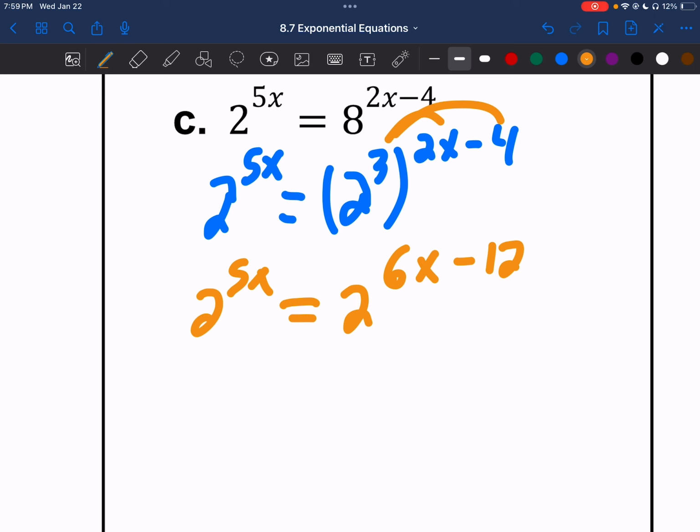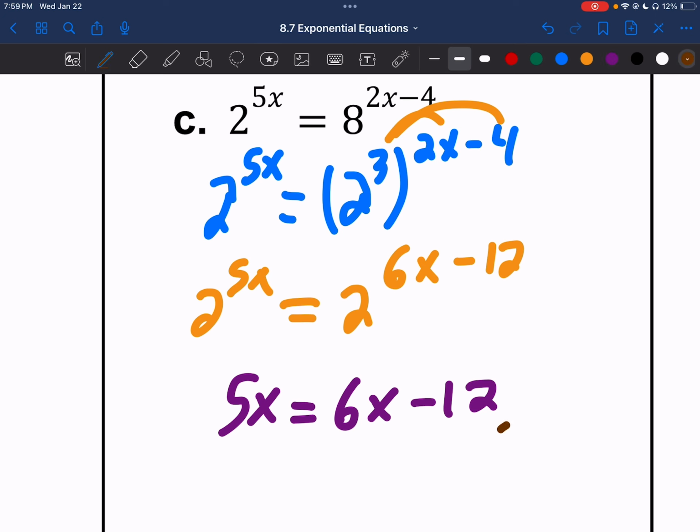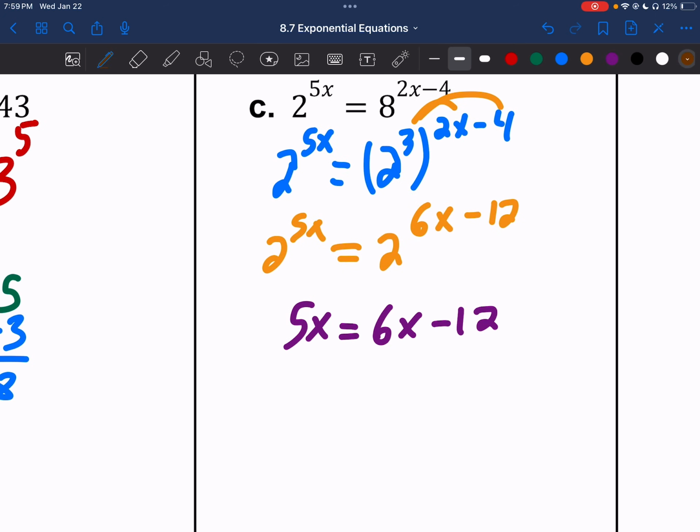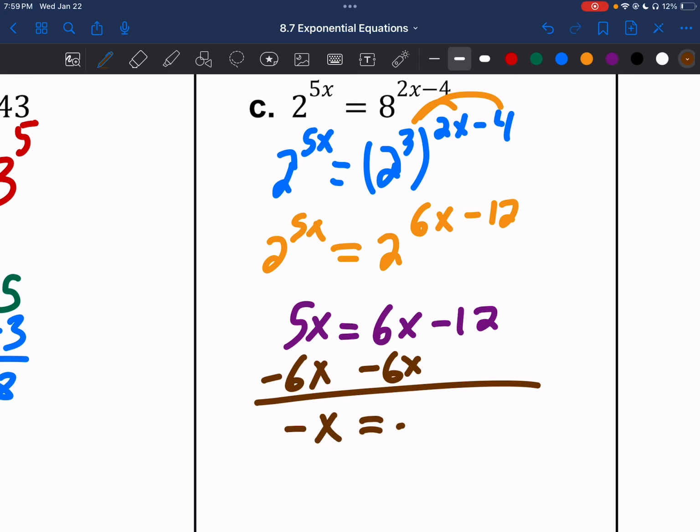Now, can I go back and I can do 5x equals 6x minus 12. So I subtract 6x from both sides. I get negative x equals negative 12, and I divide by negative 1. x is equal to 12.